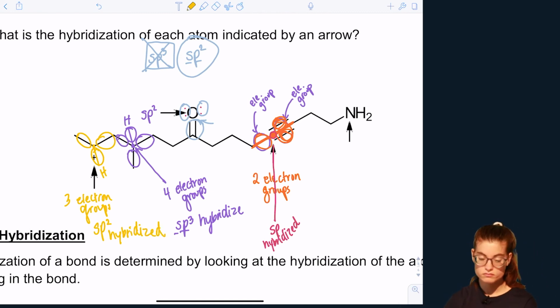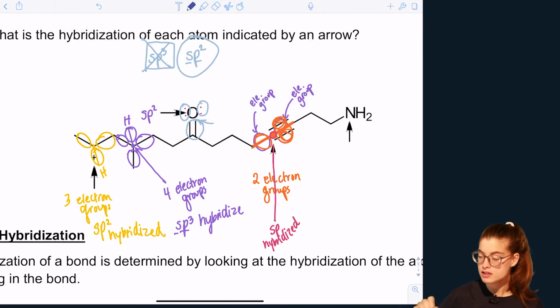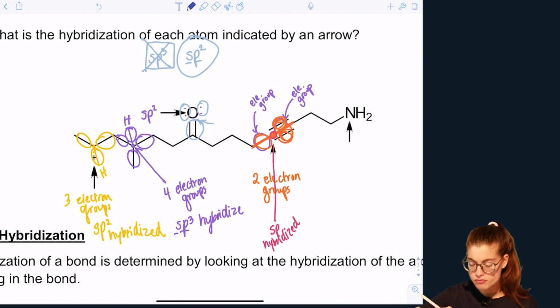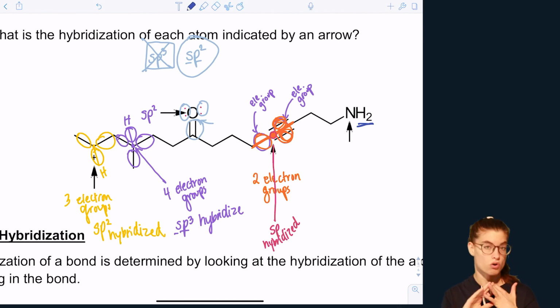Okay. And let's do this nitrogen. So let's look at this nitrogen over here. Now what stinks about this nitrogen is both of the hydrogens that are bound to that nitrogen, we didn't draw the bond. We just put H2, which a lot of people do because it's easier to write. But when you are figuring out hybridization, especially when you first start doing this, it's easier to visualize your electron groups if you actually draw out all the bonds and all the lone pairs.